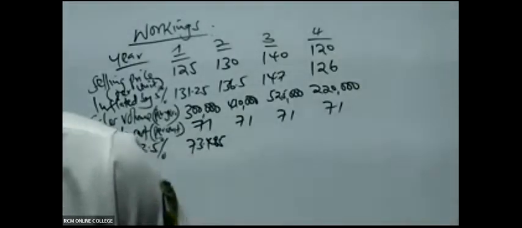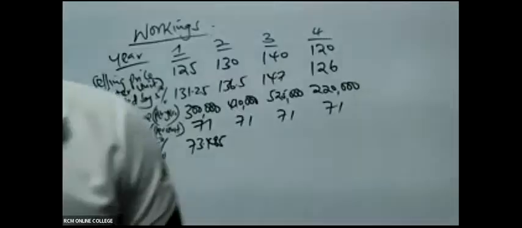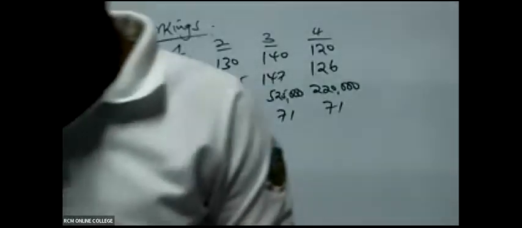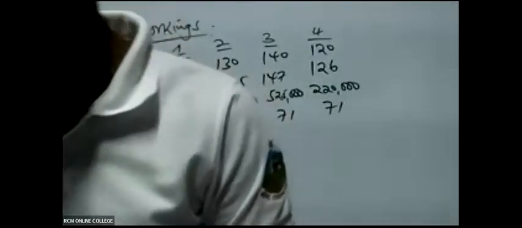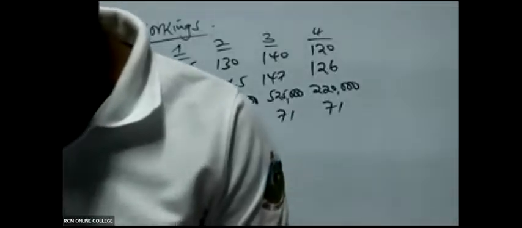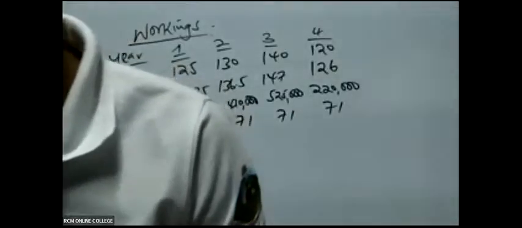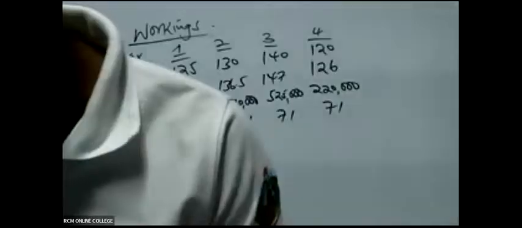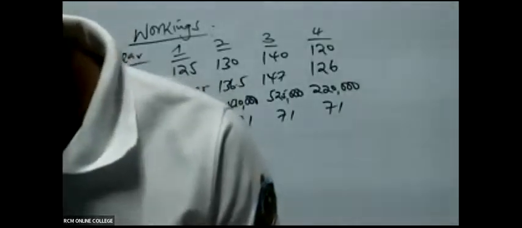Guys, are we correct? Why do we mean it is across? When we are told that inflation is per year, guys, let me confirm this. 125 times 1.05, what are we getting? 131.